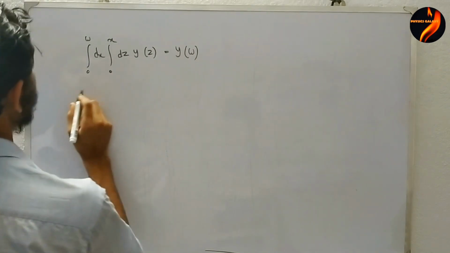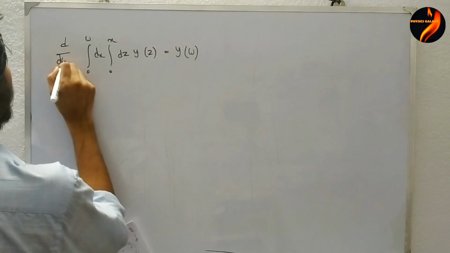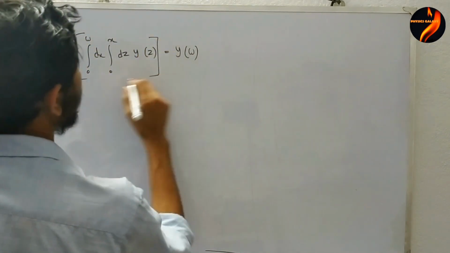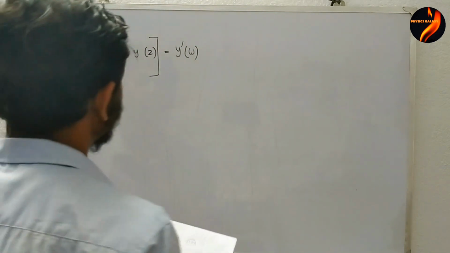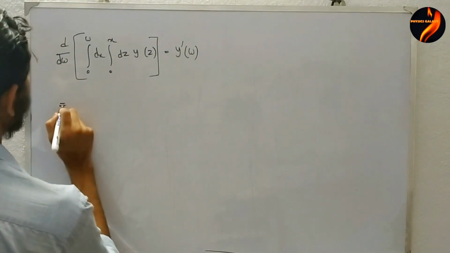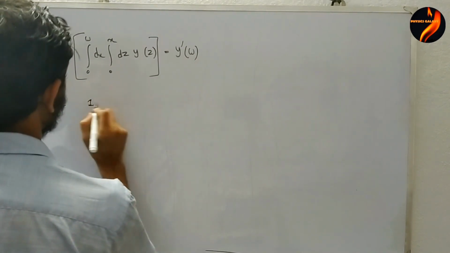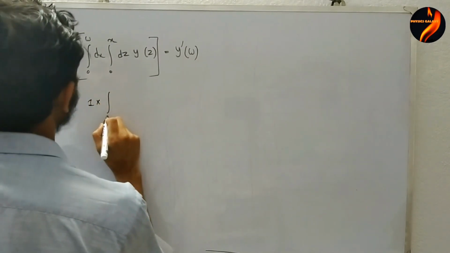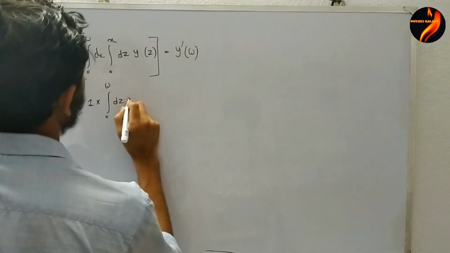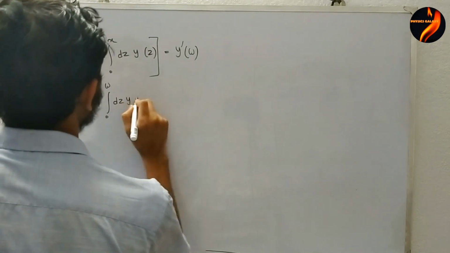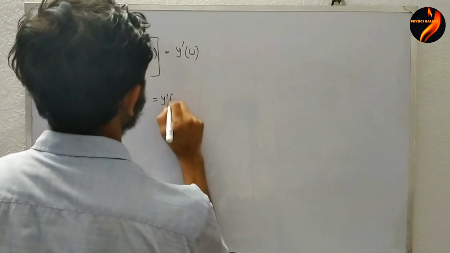So we have to differentiate it first with respect to omega. Here it is just y prime, and after doing this integration we get 1 multiplied by the integral from 0 to omega dz y(z) equal to y prime omega.